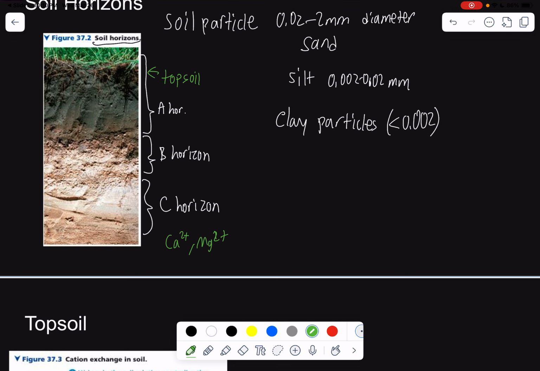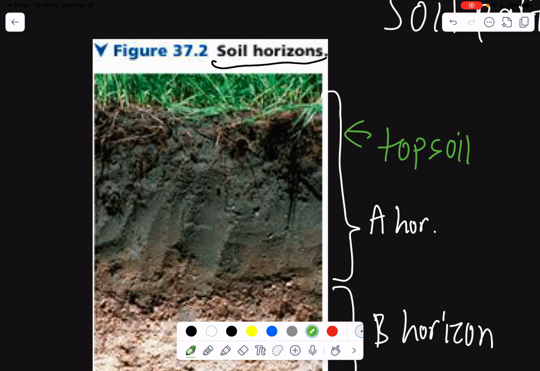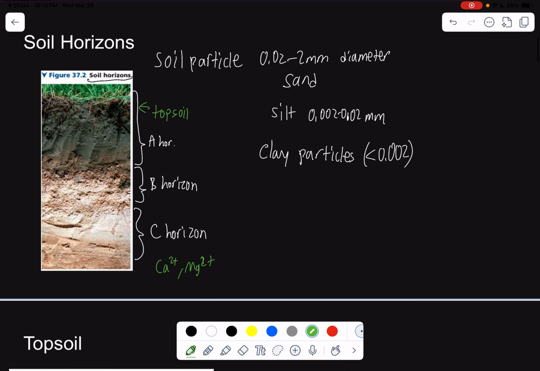Now, let's focus on the A horizon, because that's where most of the magic happens with soil, right? The most fertile topsoils are loams, which are composed of roughly equal amounts of sand, silt, and clay, a 1-to-1-to-1 ratio.